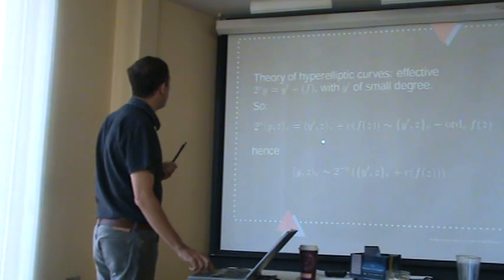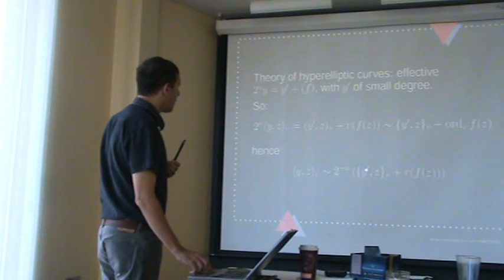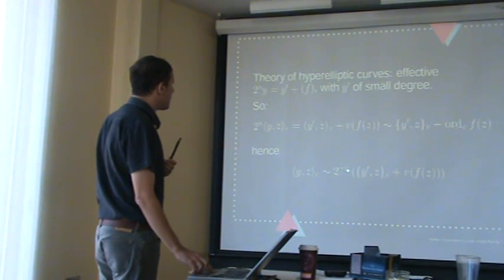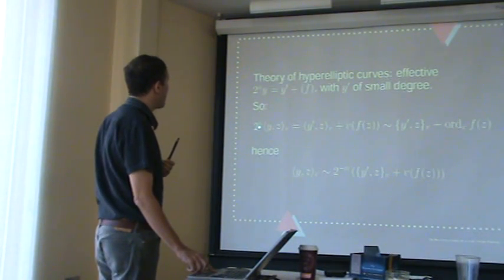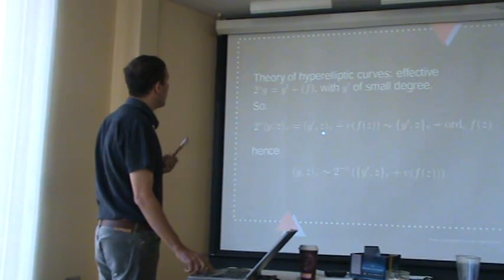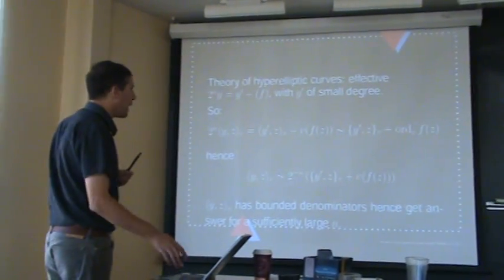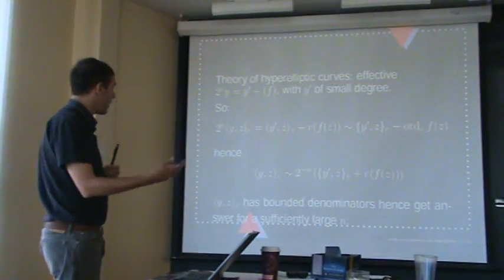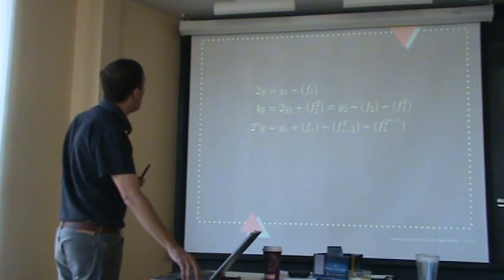Then I divide back by 2^n, and I get something like that. So now the point is that this approximation becomes better and better because I'm dividing by a high power of 2. And because I know that the denominators of the intersection are bounded, again by understanding the complication of the singular fiber, I should be okay for a sufficiently high n.